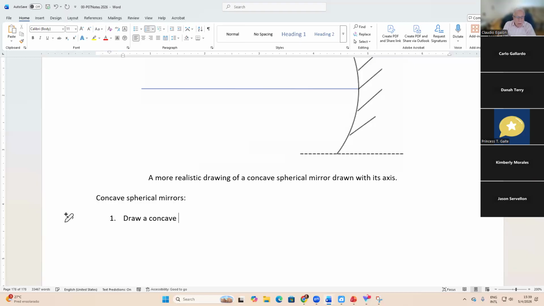Draw a concave mirror. Two. Draw an axis of the mirror passing through its center and normal to the reflecting surface.